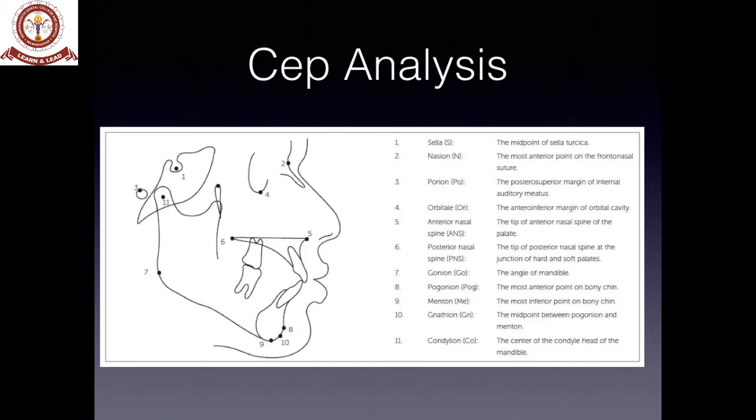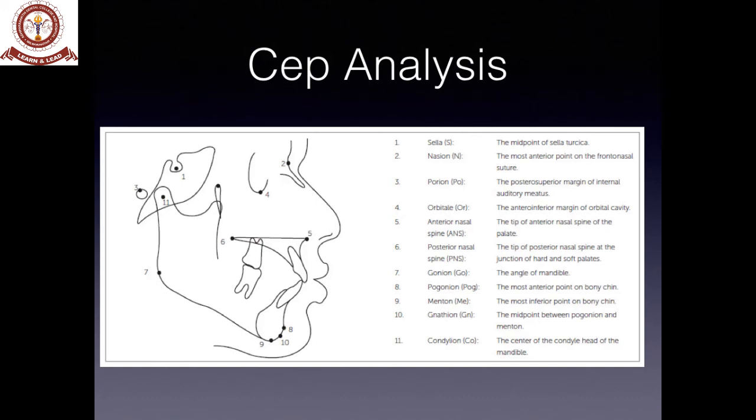And then the orbitale, the anterior inferior margin of the orbital cavity. Anterior nasal spine, you know about the anterior nasal spine. The tip of the anterior nasal spine is ANS. The posterior nasal spine, similarly, the tip of the posterior nasal spine. So you can draw this diagram and plot all these important points in the cephalometric radiograph.